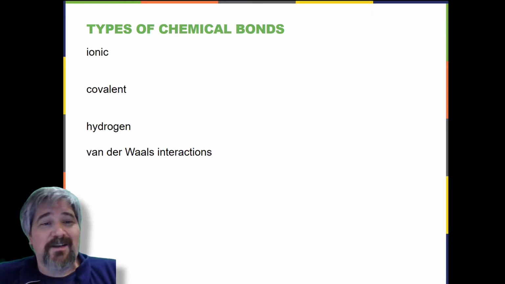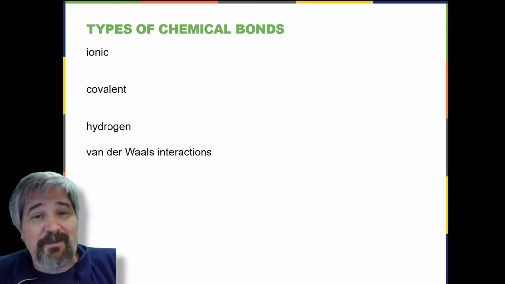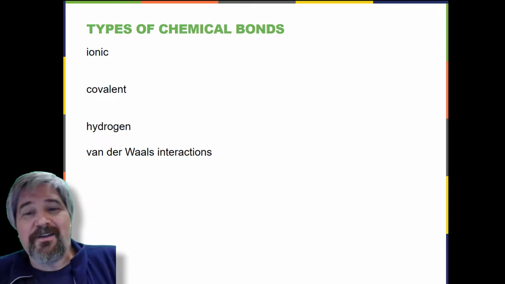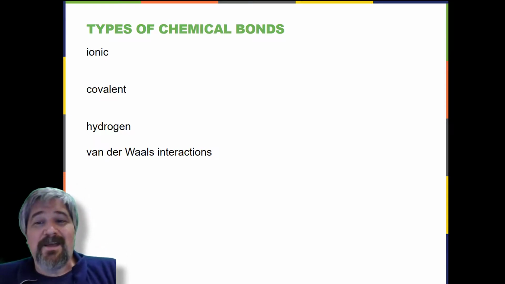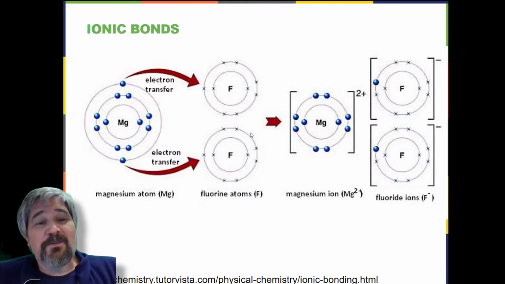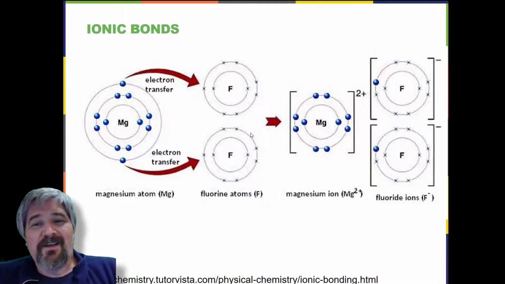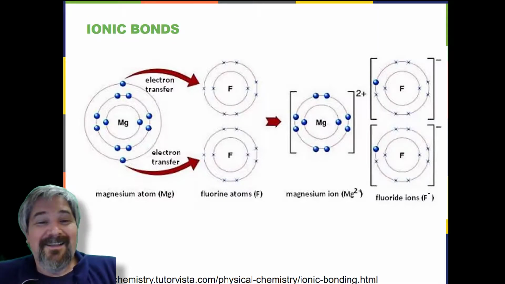When an element donates an electron from its outer shell, as in the sodium atom example above, a positive ion is formed. The element accepting the electron is now negatively charged. Because positive and negative charges attract, these ions stay together and form an ionic bond, or a bond between ions.